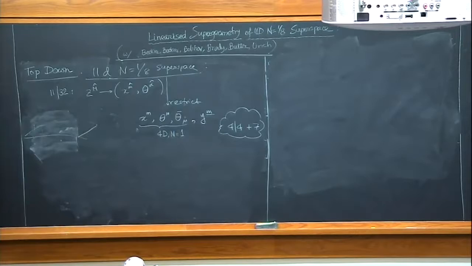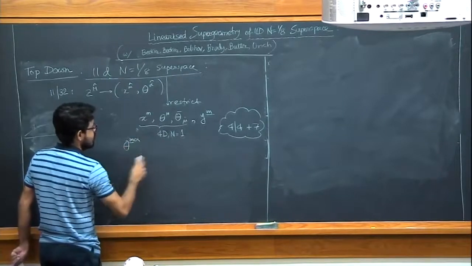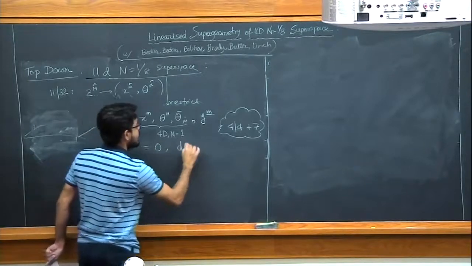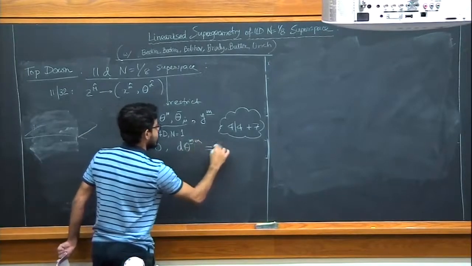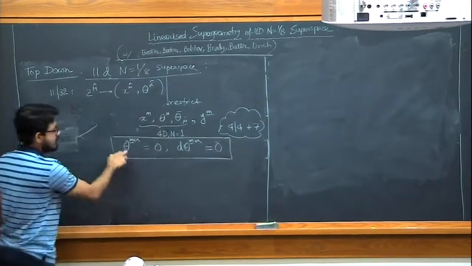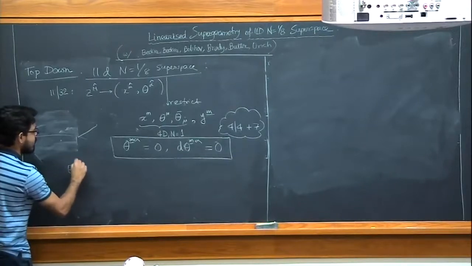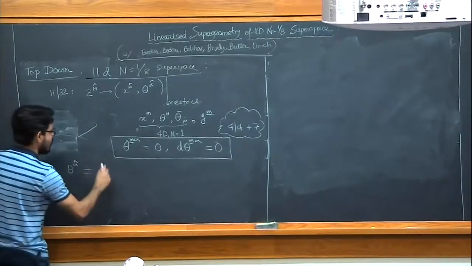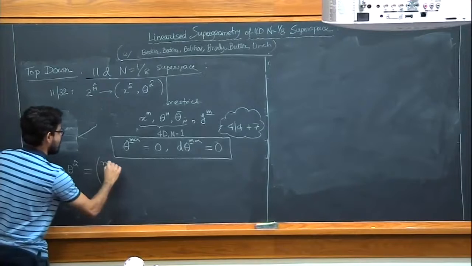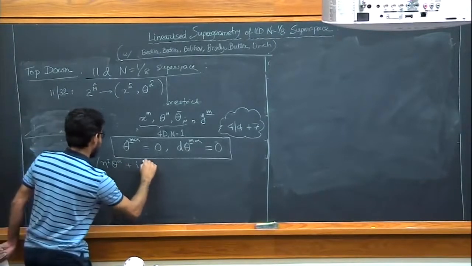Okay, but yeah, sorry, was there a question? No. So what we are doing essentially is we are saying that theta^m alpha is 0 and d theta^m alpha is also 0. Okay, so what does this mean? Remember that any arbitrary 11D alpha was decomposed this way, right?